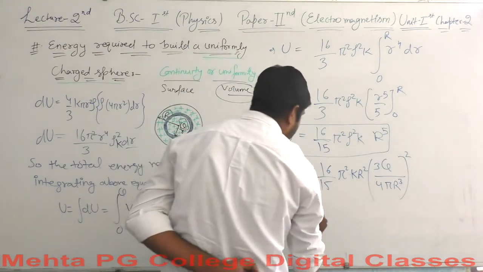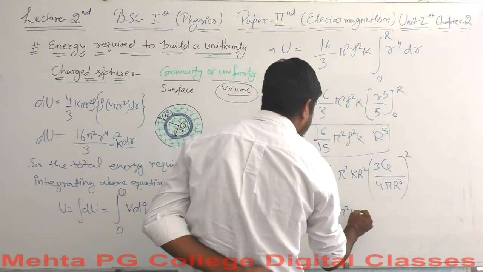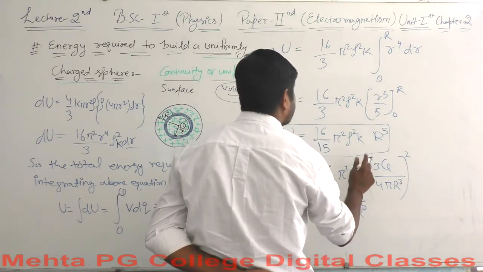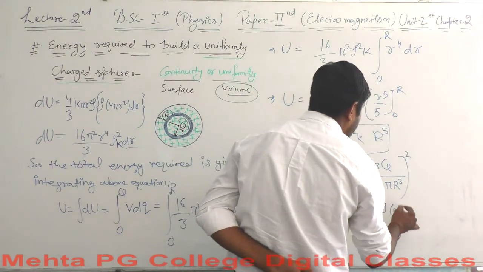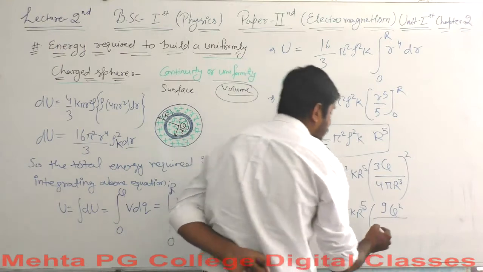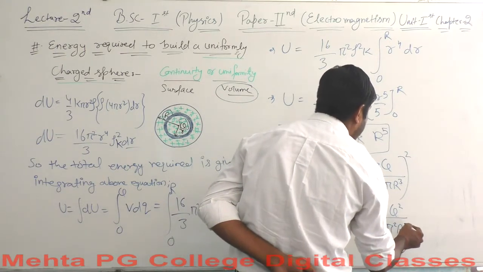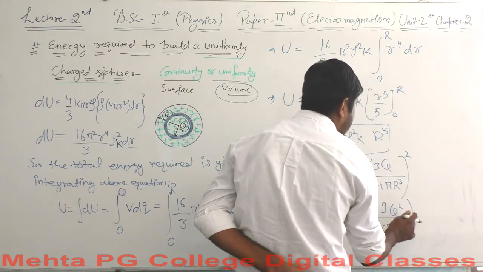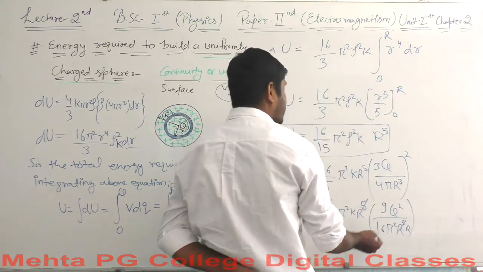So what we will have again, let's say this is 16 over 15 π² k r raised to power 5 here, and this is 9 capital Q² over 16π² r raised to power 6, and in a sense this is r raised to power 5 into r. So this has been cancelled.